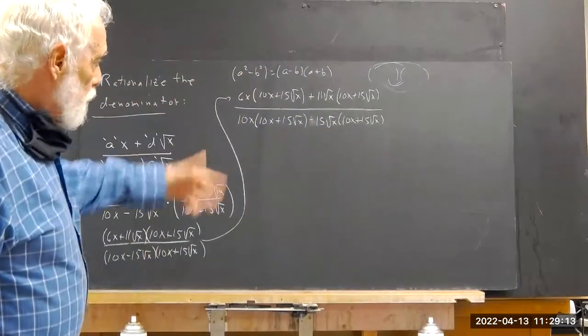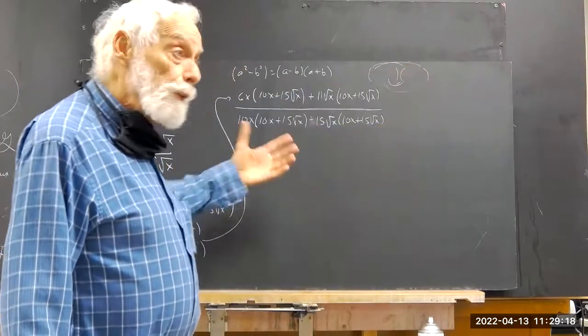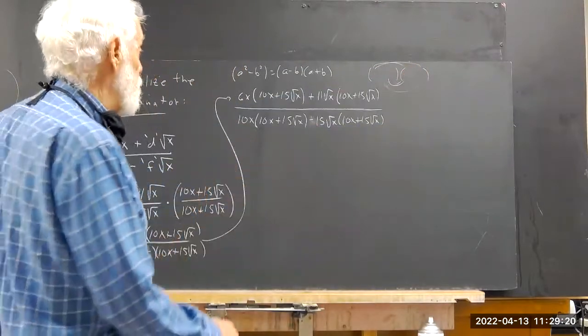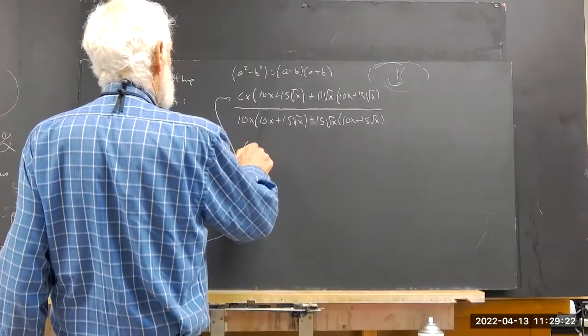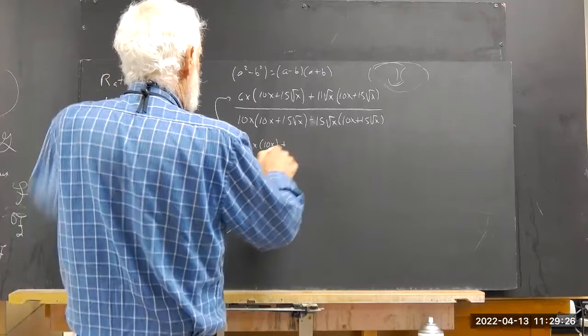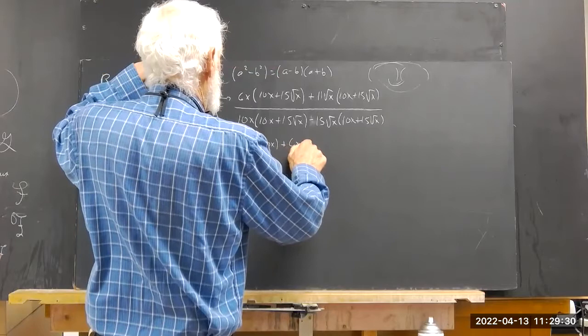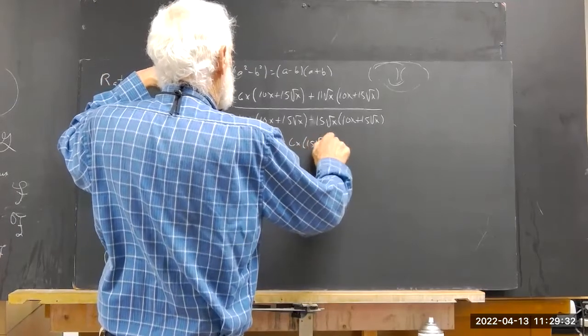Okay, well, there's an intermediate step in the distributive law. Notice we haven't done this, but it comes down to the same thing in this case. So that's going to be 6x times 10x, this times this, plus 6x times 15 square root of x.